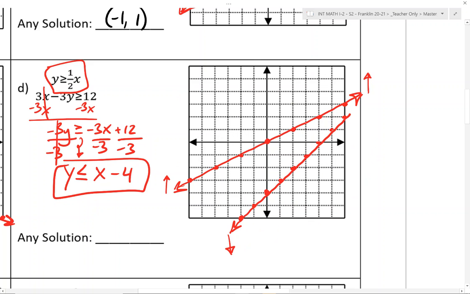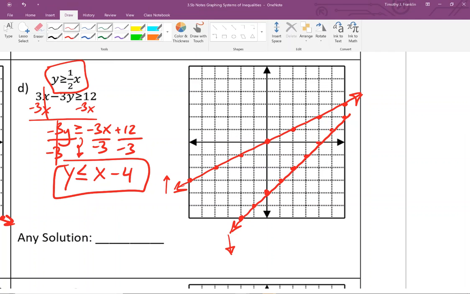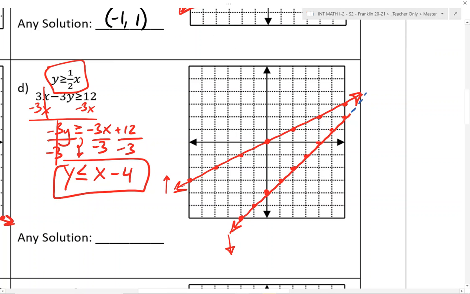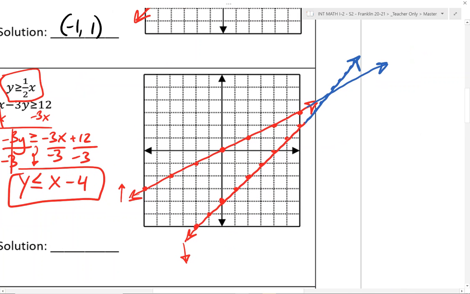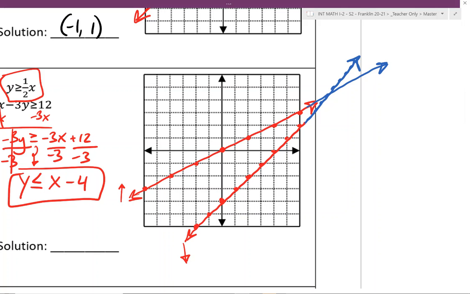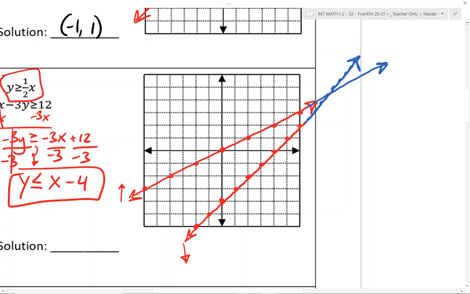But we also can see these lines are not parallel. So let's continue them on, this way and this way. Now we can graph them appropriately. This one is shaded up and this one is shaded down. So our shaded region is actually in this region up here.